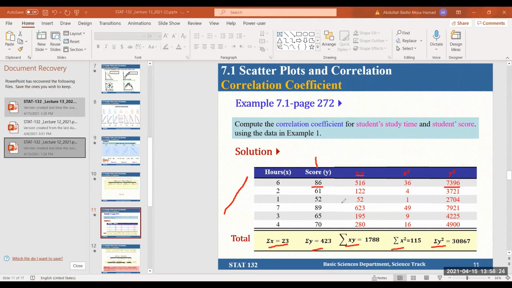If you find all of these, then we find the summation of each column. The summation of X is 23. We find the summation of Y, then the summation of X multiplied by Y, then the summation of X square and the summation of Y square. Now we have all the summations, and we know N equals the number of rows.